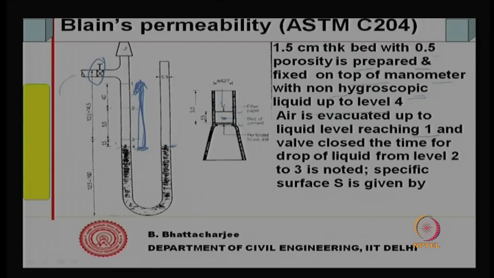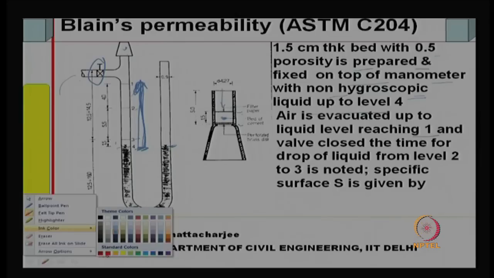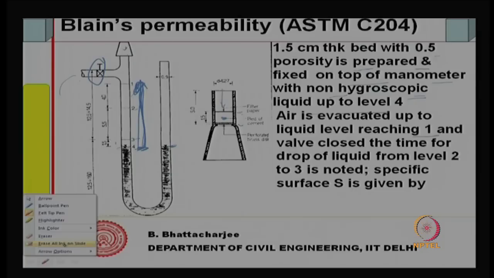Right, and note the time of fall of the liquid from 2 to 3. So, from here to here, 2 to 3.